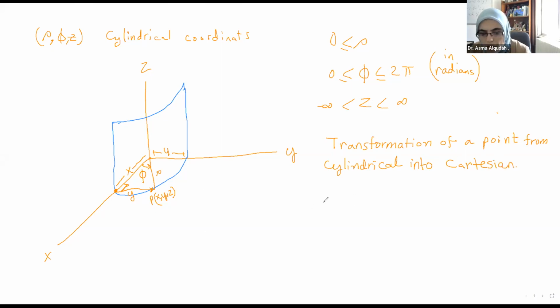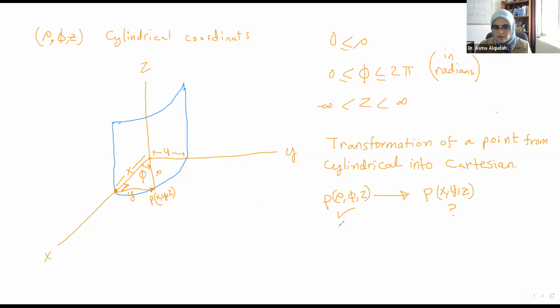So we have a point in the cylindrical system in terms of rho, phi, and z, and we want to transform it into its Cartesian point equivalent, which is P in X, Y, and Z. So this is known, this is unknown. So we want to find X, Y, and Z in terms of rho, phi, and z.